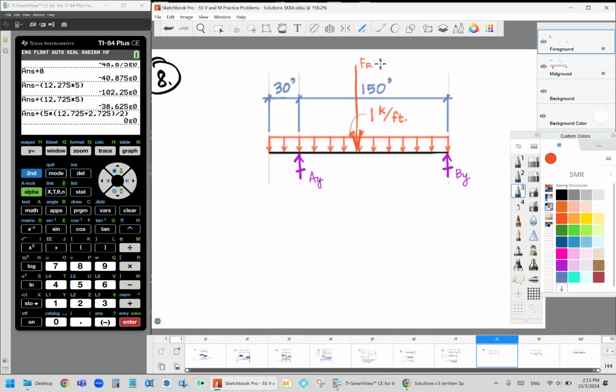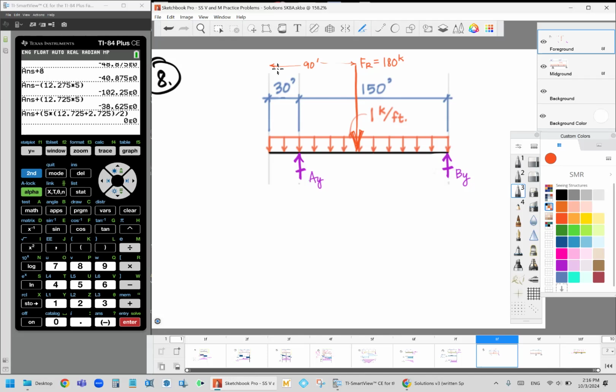And that's my resultant force, 1 kip per foot times 180 feet makes 180 kips. And I need some distance, so it's 90 feet from both sides.